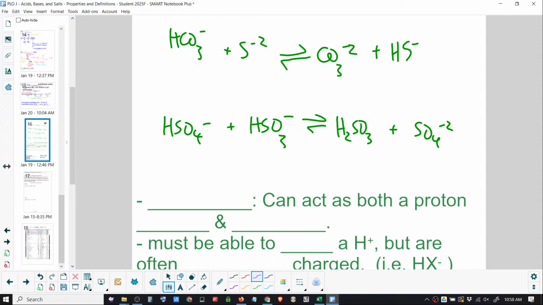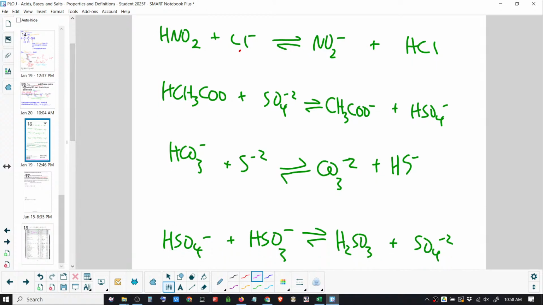and then just so I can make that point. Now what I would like you to do is go back to your examples, and I would like you to label the acid on both sides. The base on both sides. And then join the conjugate acid base.